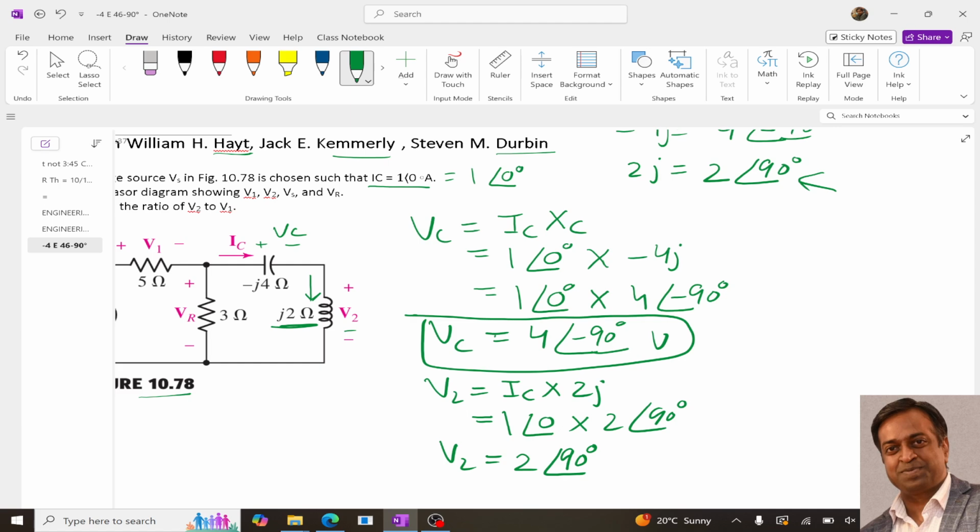So V2 equals 1 angle 0 into 2 angle 90, which is 2 angle 90 degree volt.